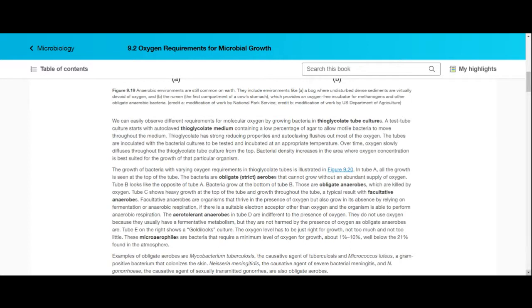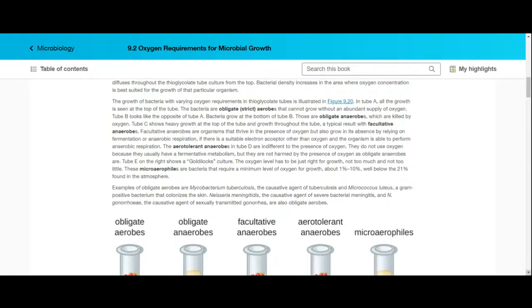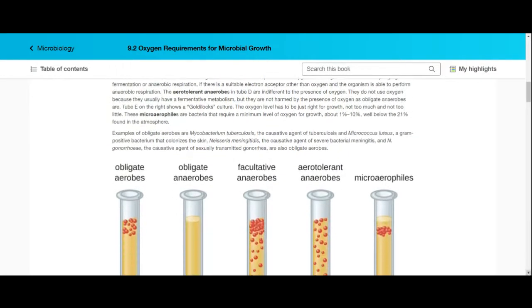It's got to be just right, not too much oxygen, not too little, about 1 to 10%, which is less than our 21% in the atmosphere. So atmospheric oxygen is too much. They need smaller amounts of oxygen. And so this is what the tubes are going to look like.